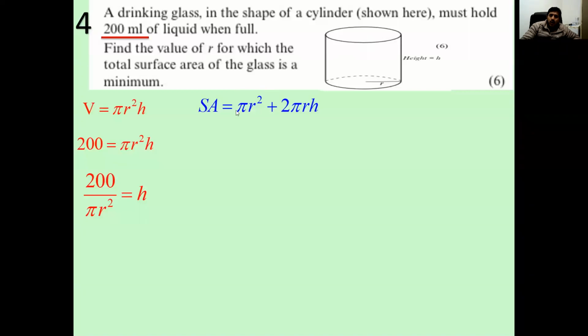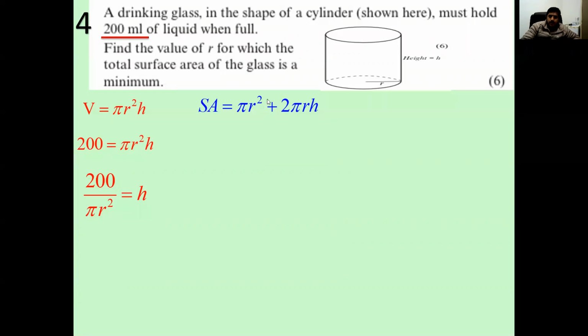So therefore, we're dealing with one circle, pi r squared. Plus, if we open out the curved part, we get 2 pi r h. So the surface area of the glass, which is in the shape of a cylinder, is pi r squared plus 2 pi r h.